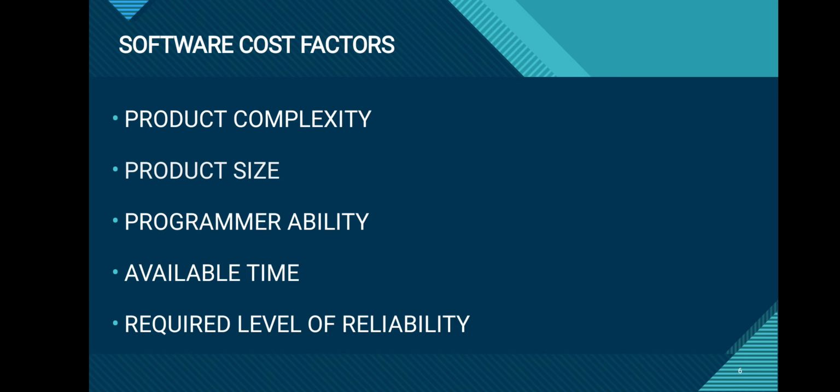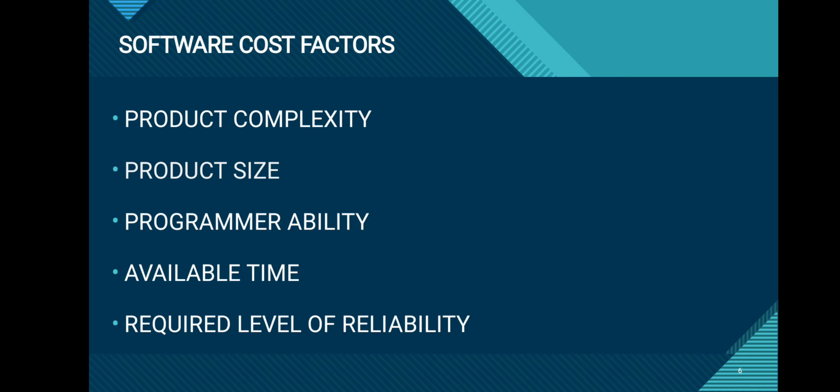Then product size. Various experiments show that the total effort increases at an exponential rate, slightly greater than the increase in total cost. So the cost depends upon the product size of the software project.